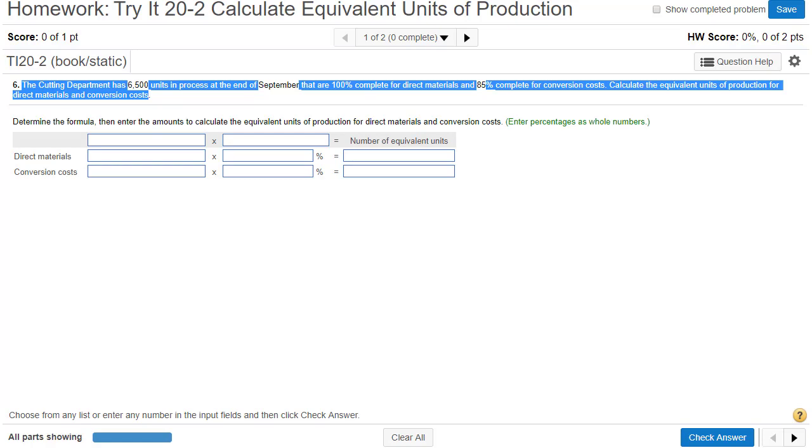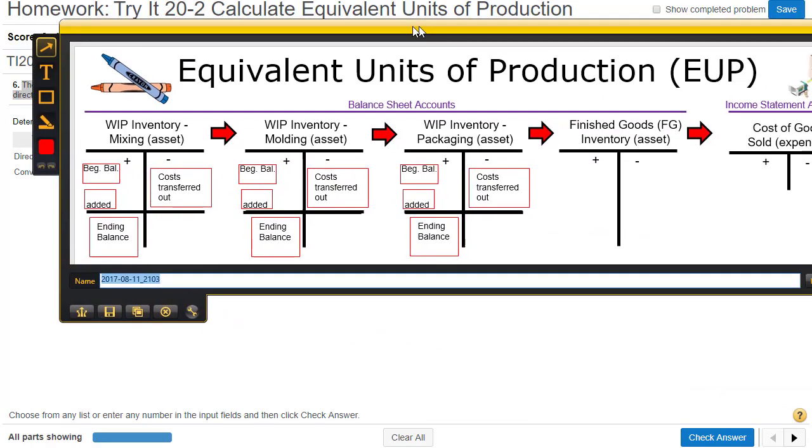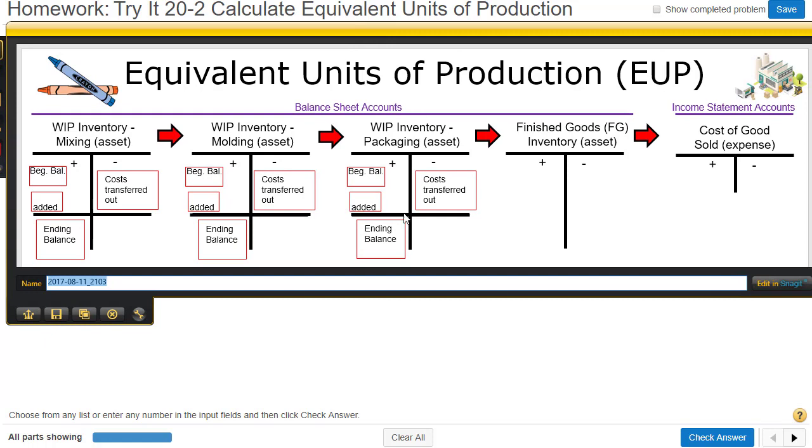So what they're talking about, let's go back to our slides. Let's just look at one of these work in process inventory accounts. At the end of the accounting period, there's going to be some units that are still unfinished, and those will be represented by our ending balance. And because those units are unfinished, we have to calculate what's the equivalent number of completed units.